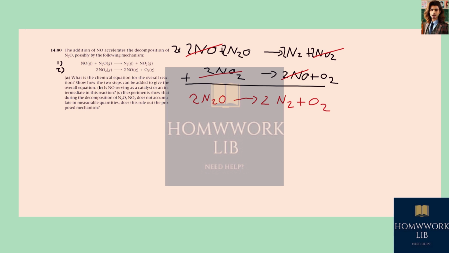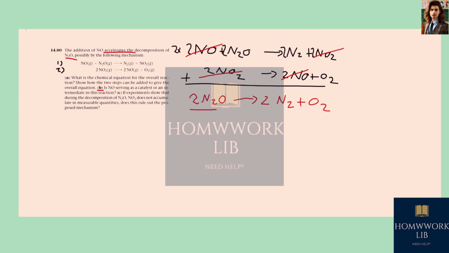So the addition of NO accelerates the decomposition of N2O. This is our N2O, and this is getting decomposed to N2 and O2. Is NO serving as a catalyst or as an intermediate? We need to think of what is happening in this reaction.